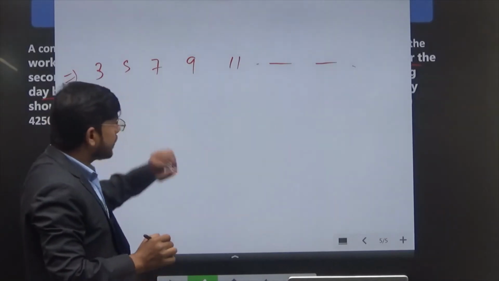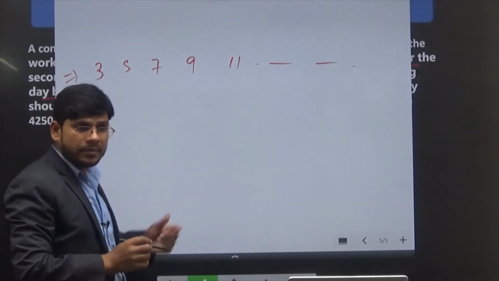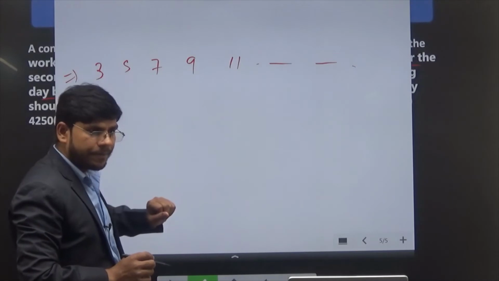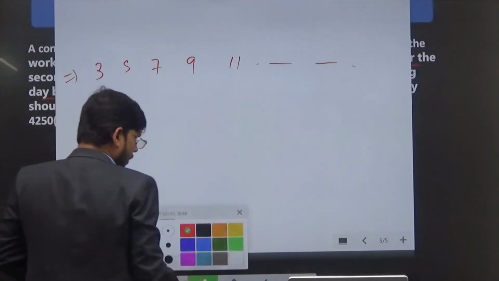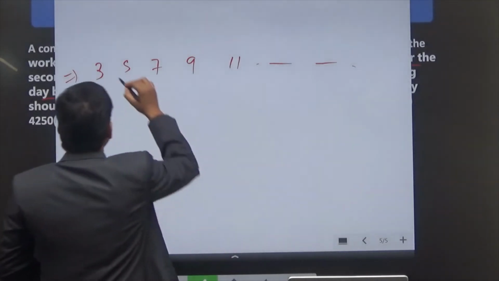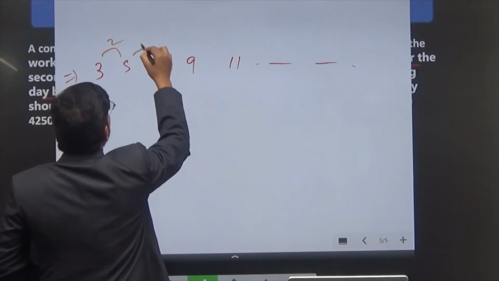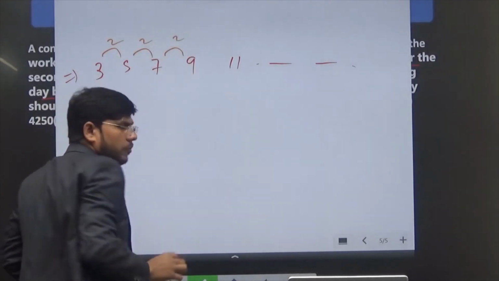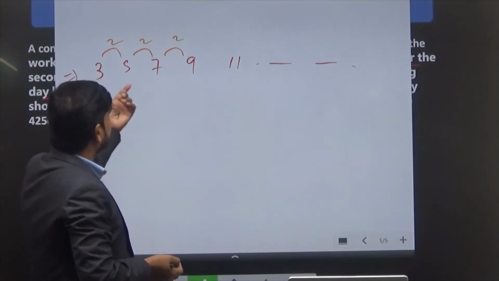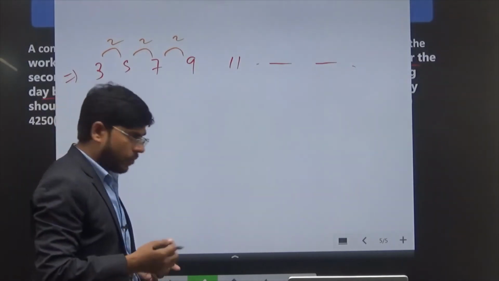Is this series in arithmetic progression? Yes. Why? Because here also the common difference is the same. So we can conclude that this series is in arithmetic progression.